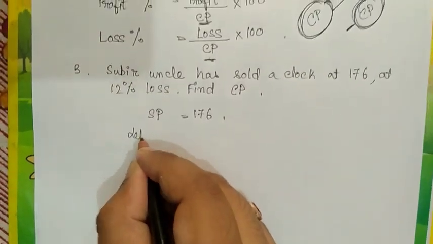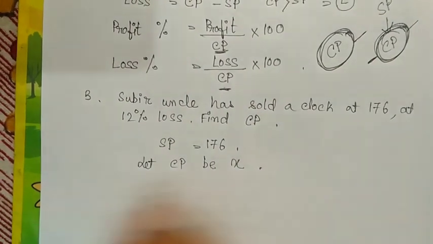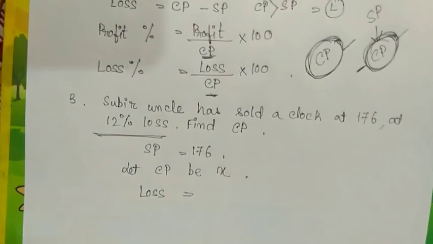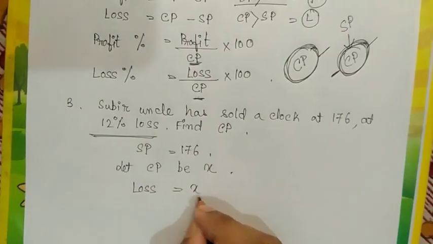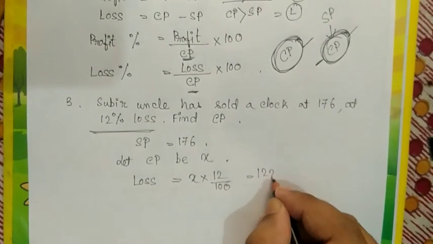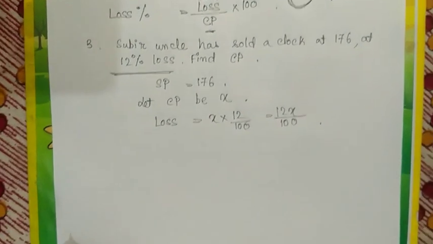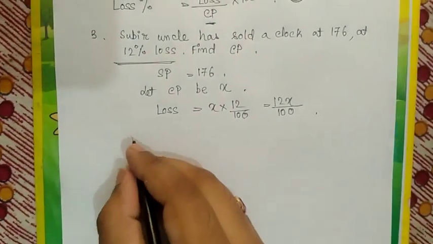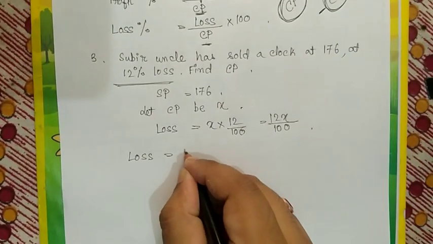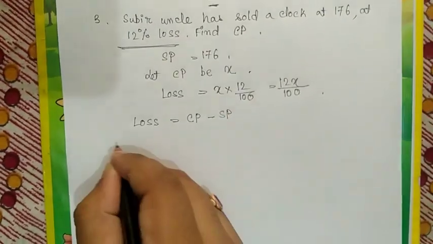So let CP be X and loss is 12%. So therefore loss equals X into 12 by 100, so 12X by 100. We know the formula loss equals CP minus SP.